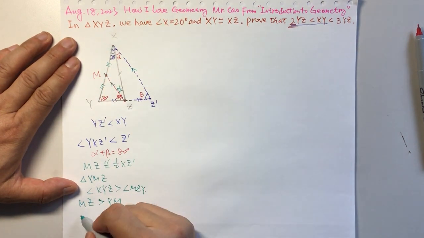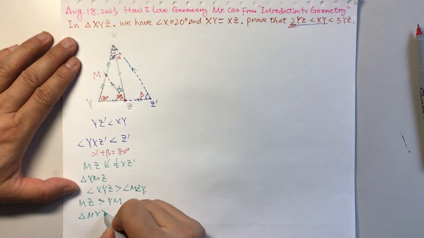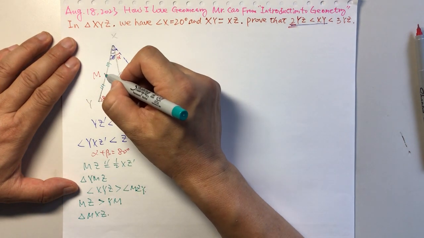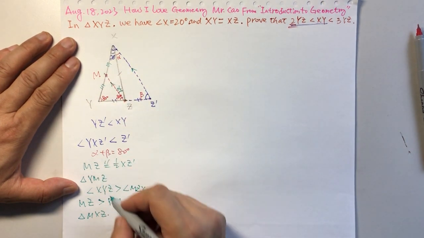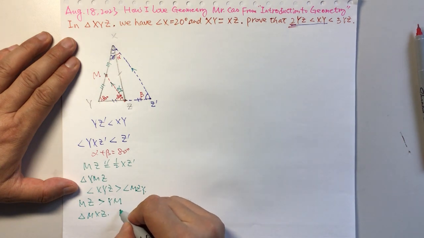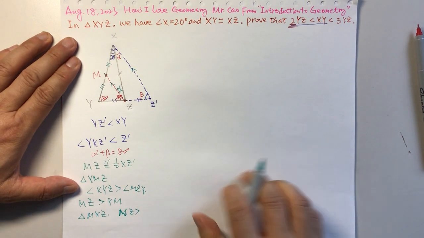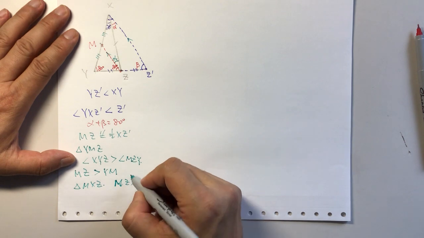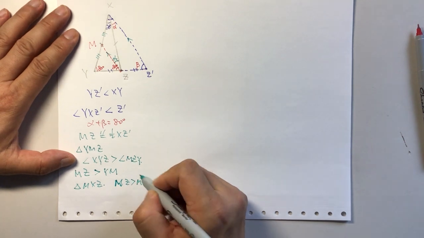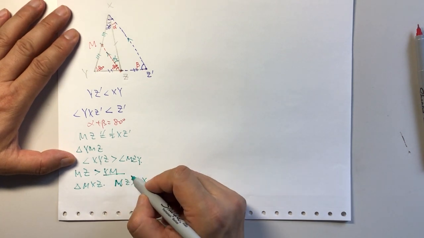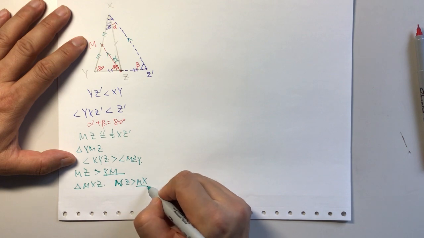Now in triangle MXZ, we also get that side MZ is greater than MX, because MX equals MY.